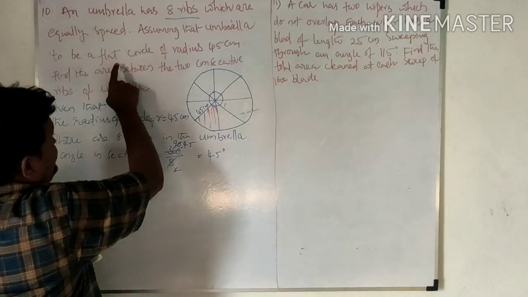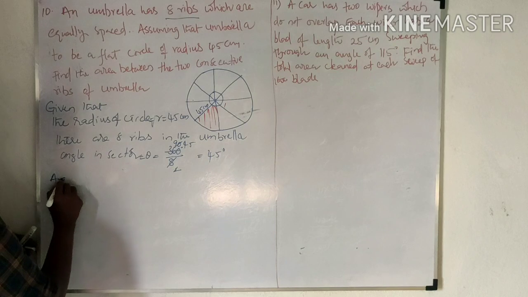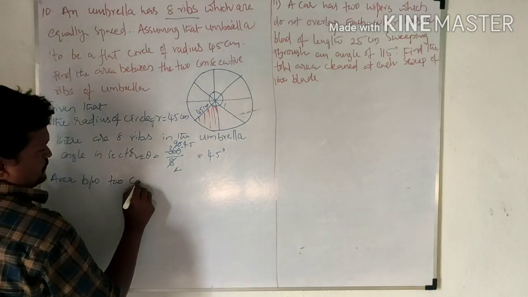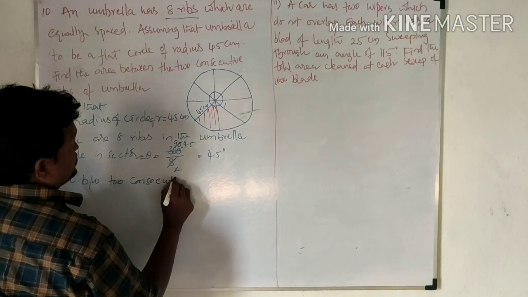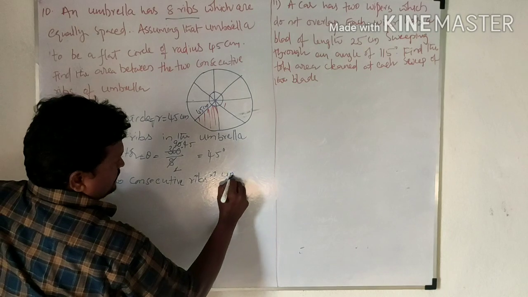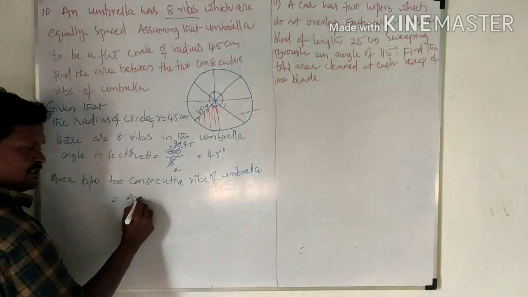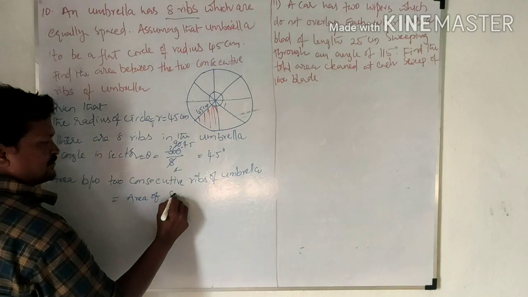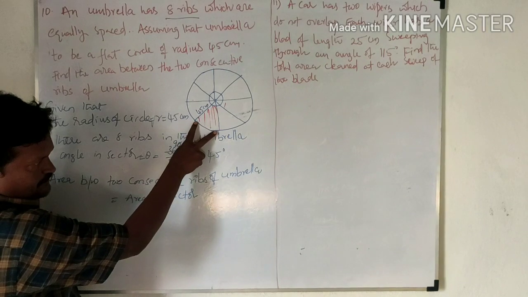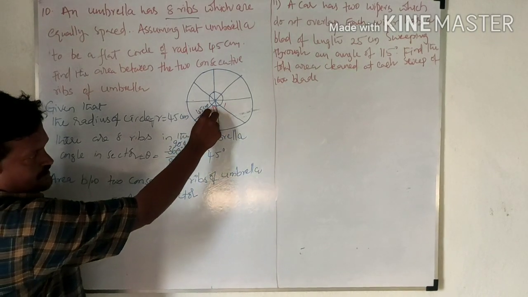Now we have to find the area between two consecutive ribs of the umbrella, which is equal to the area of the sector. So the area between the two consecutive ribs becomes the area of the sector.